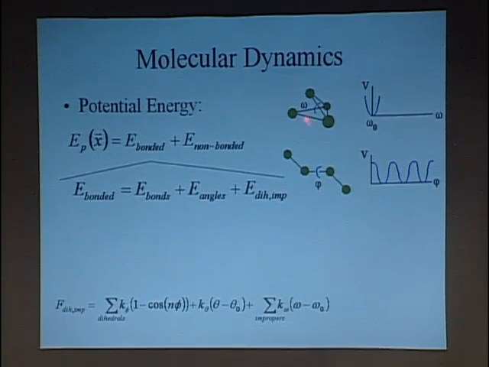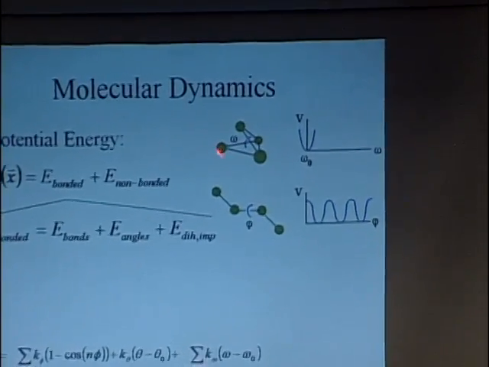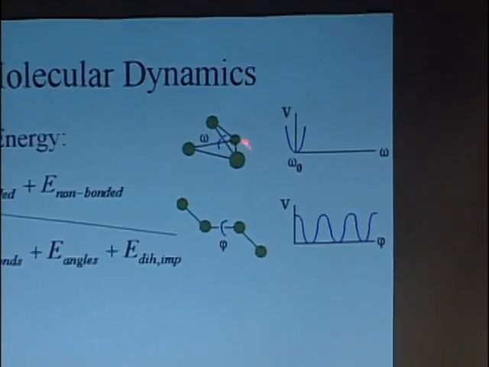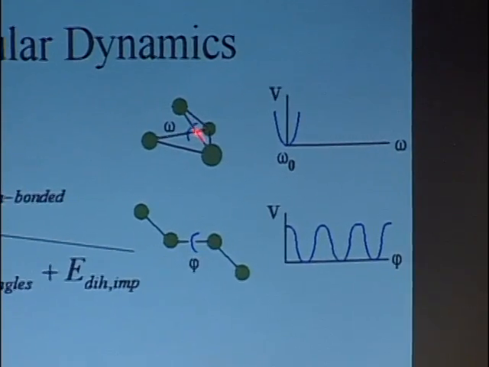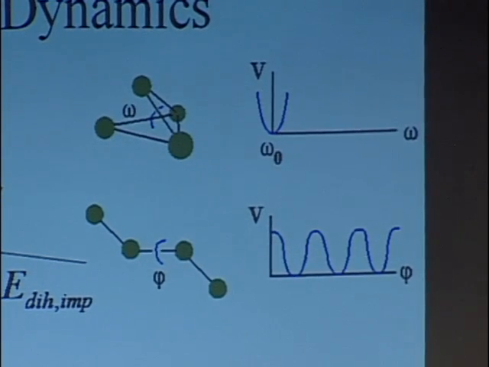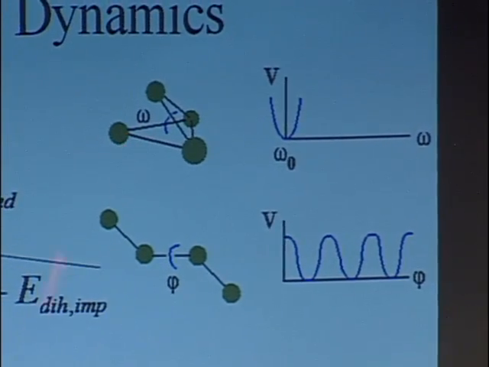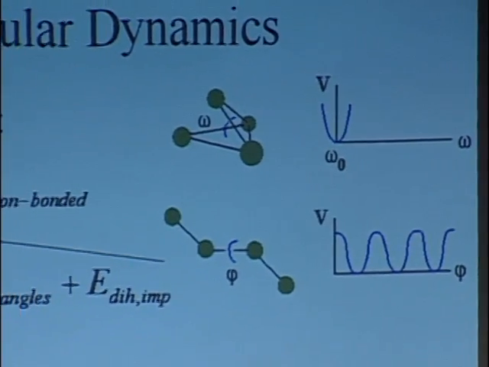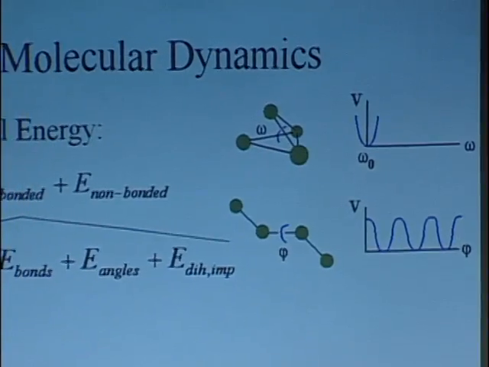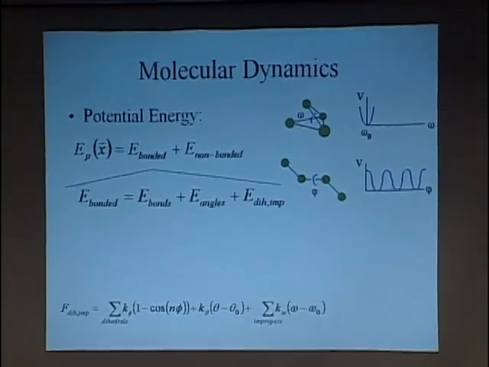The improper term basically deals with four atoms. So if you imagine this is 1, 2, 3, and 4, these three atoms, if you put two planes through them, the angle that those two planes make to each other is given a certain equilibrium angle again. And the energy also varies quadratically as that angle is deviated from.